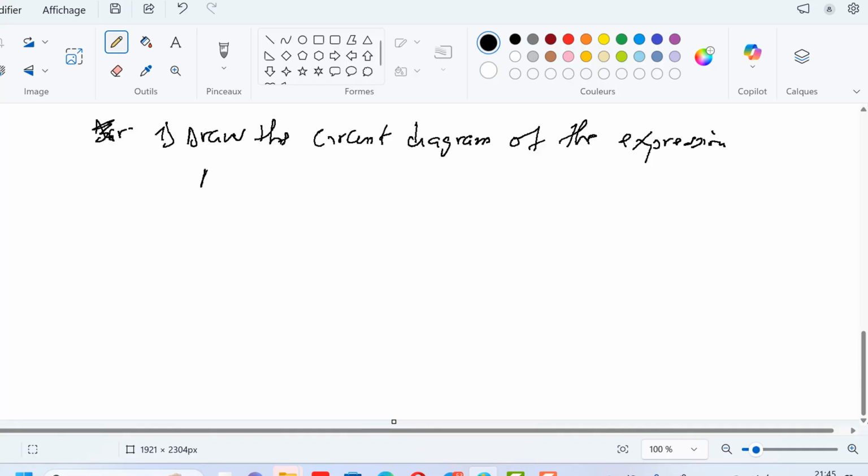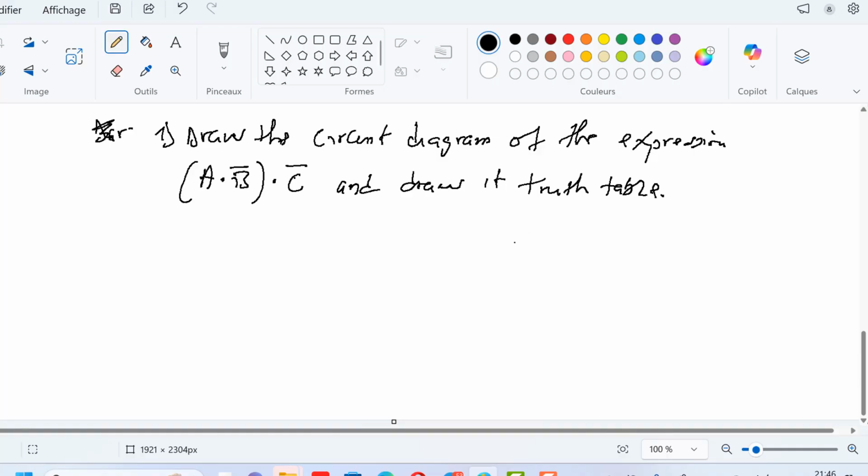Let us take something like A dot B bar dot C dot C bar. Okay, this is an expression here, and draw its truth table. Okay, so this equation here.